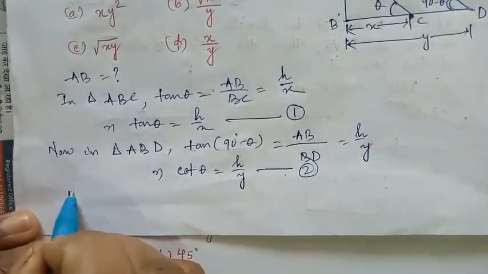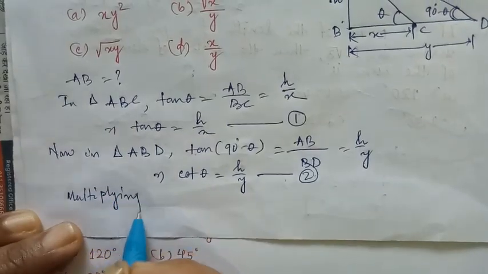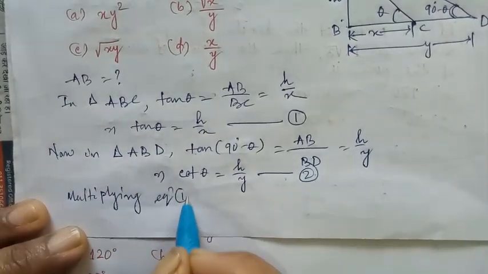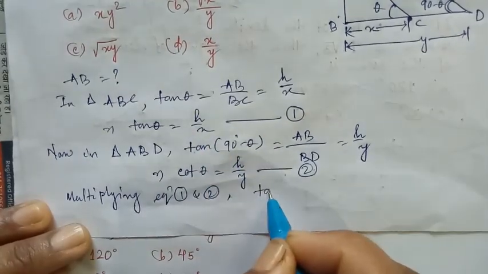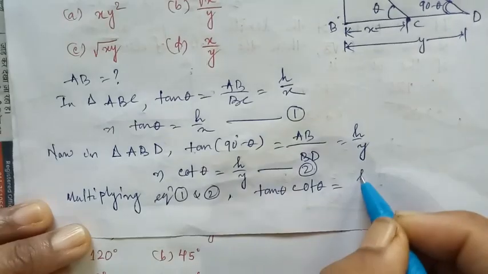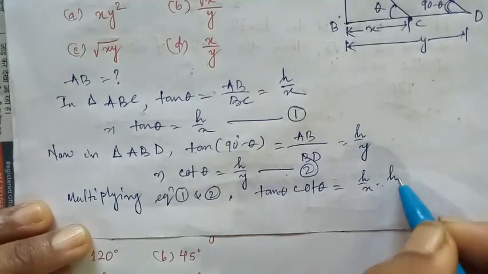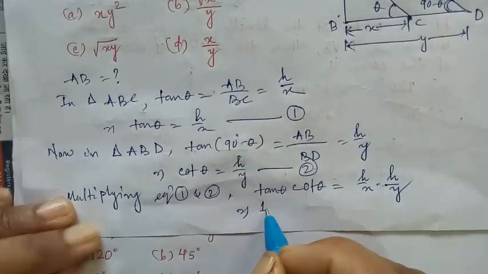Now multiply equation 1 and 2. Multiplying equation 1 and 2, we get tan theta into cot theta, which is H by X times H by Y. Tan theta into cot theta is 1.